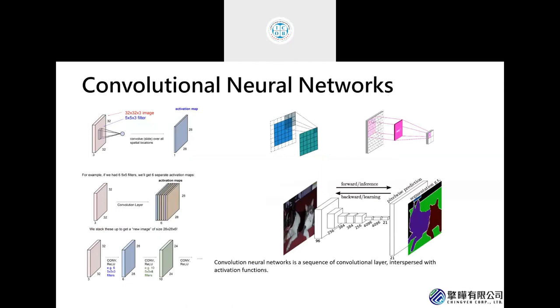For this example, there was a 3 by 3 filter. After this convolution, they will get one value. The image goes through lots of convolutional layers, and then finally they extract the features inside the neurons.